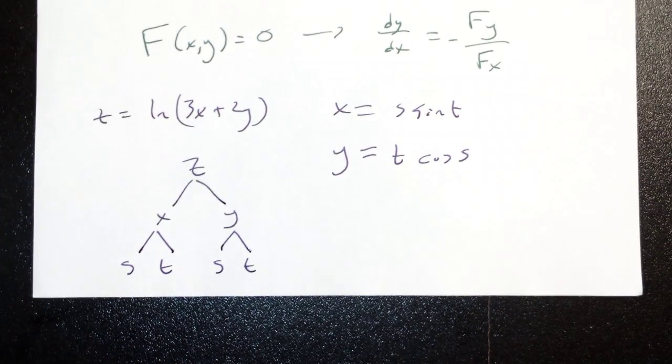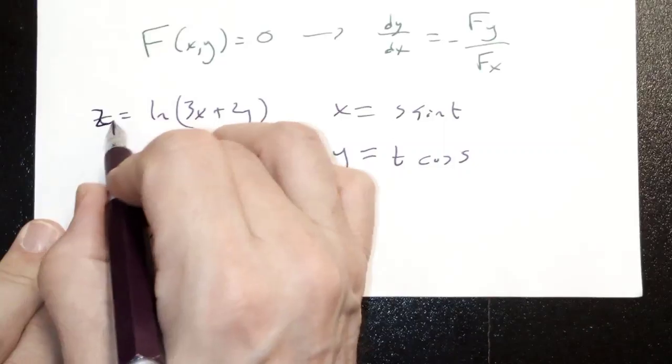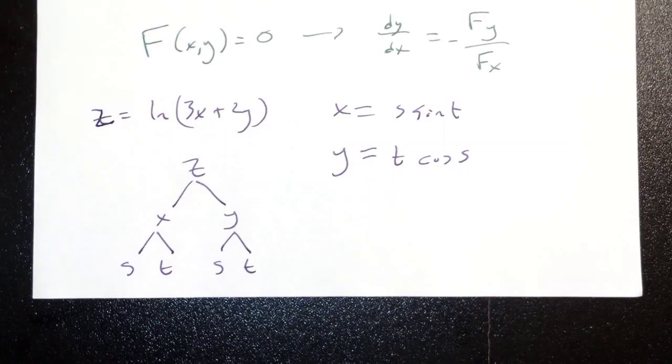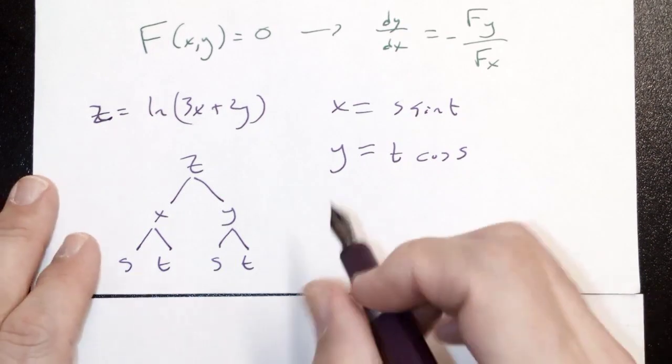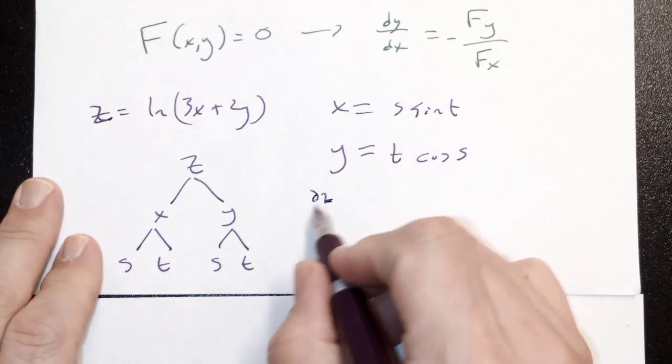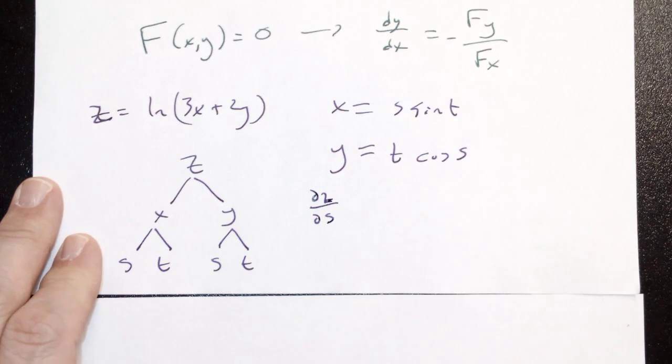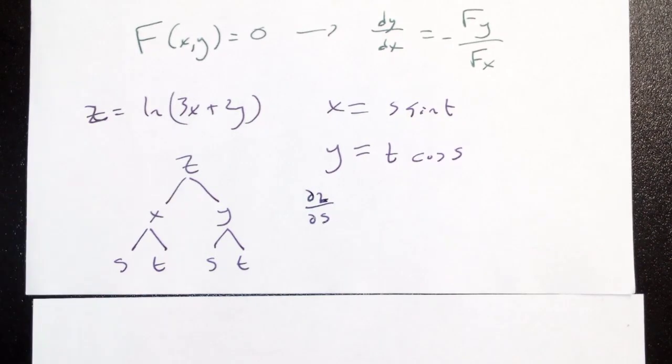Now you tell me which derivative you want to do. Do you want to do the derivative in s or the derivative in t? You have to do both. Eventually, yes, but which one do you want to start with? S. Okay, so if I'm going to do partial of z with respect to s, start at z and draw all the branches that end at s.